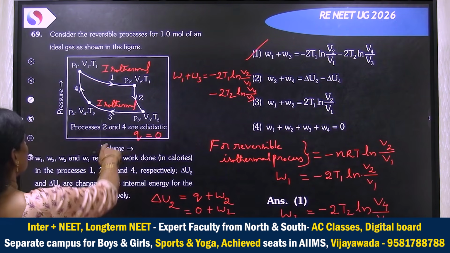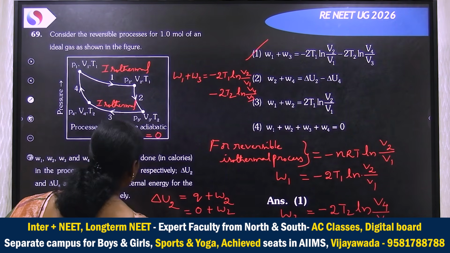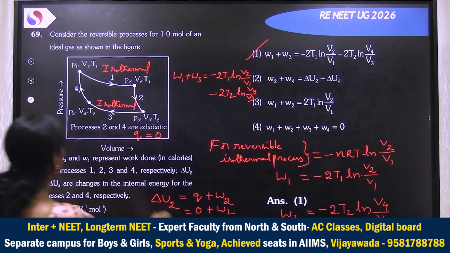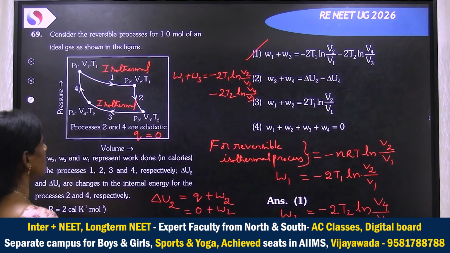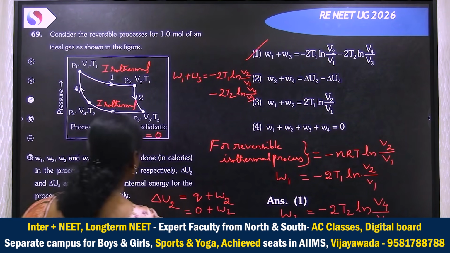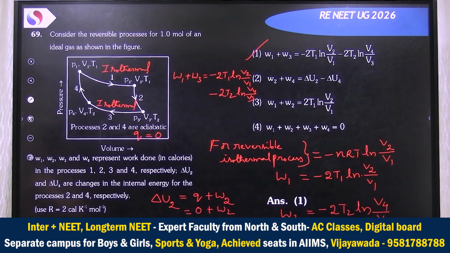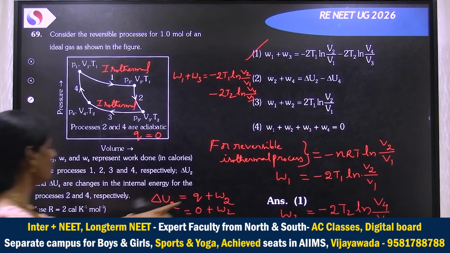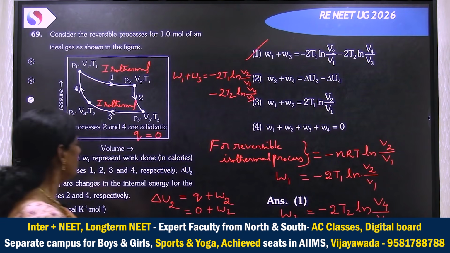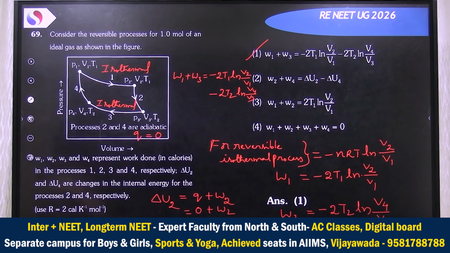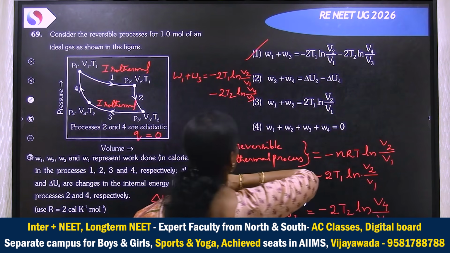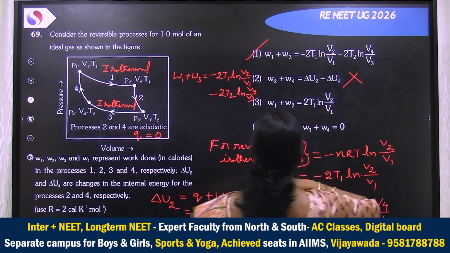Coming to the fourth process, again Q is 0, delta U4 equals the work done W4. If we add these two, W2 plus W4 equals delta U2 plus delta U4, but not delta U2 minus delta U4. So it is a wrong option.